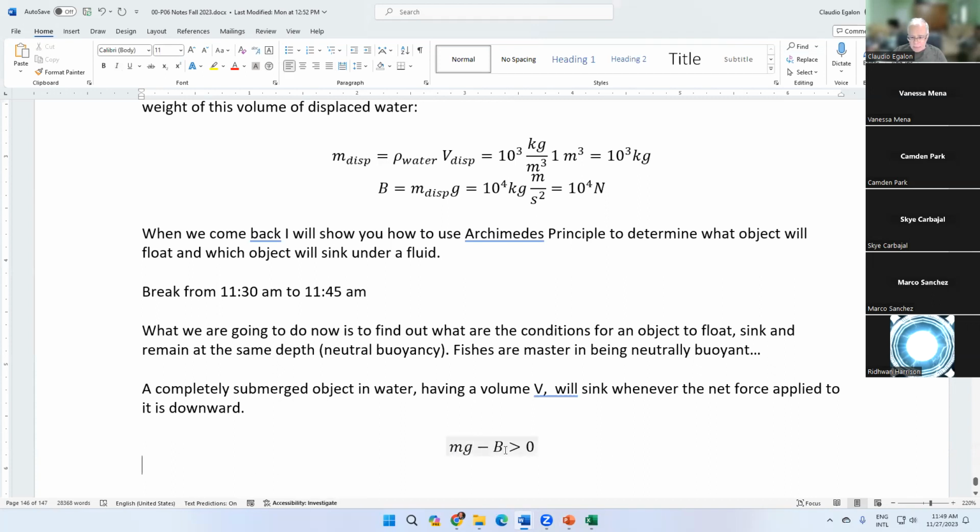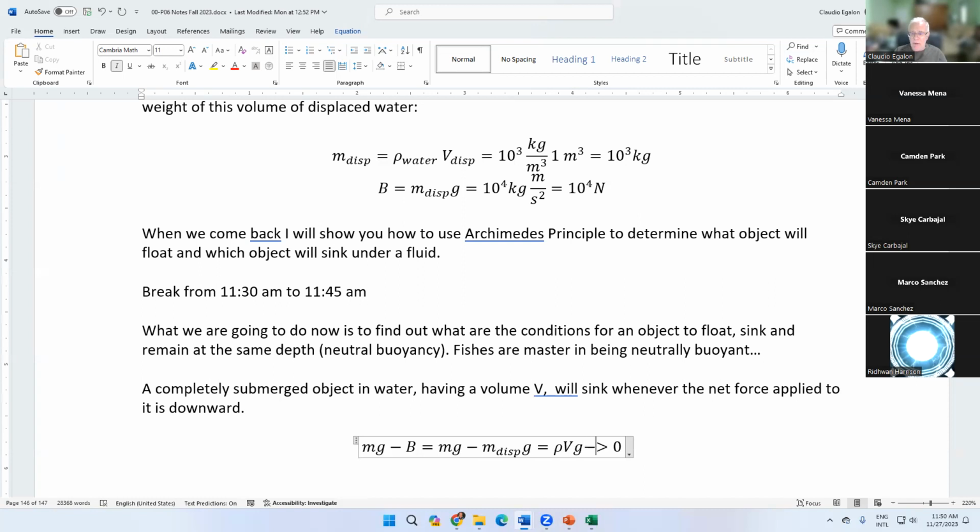Let's not forget that the buoyant force is going to be given by the weight of the displaced water. But we can do better than that. We can write down the mass of the object in terms of its density, its volume, and the acceleration of gravity.